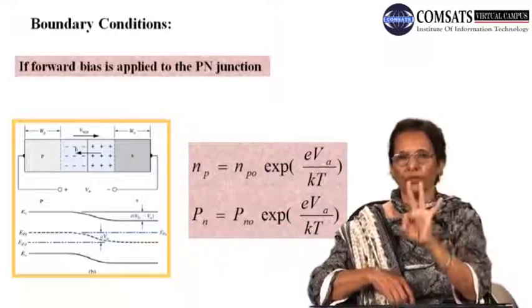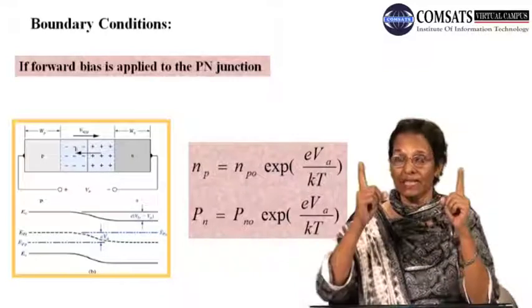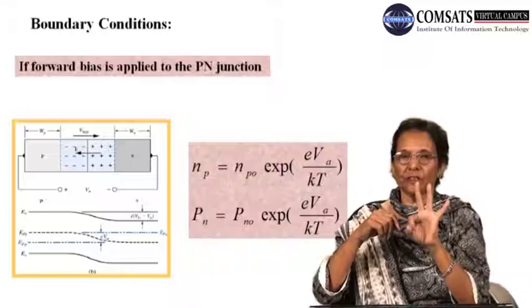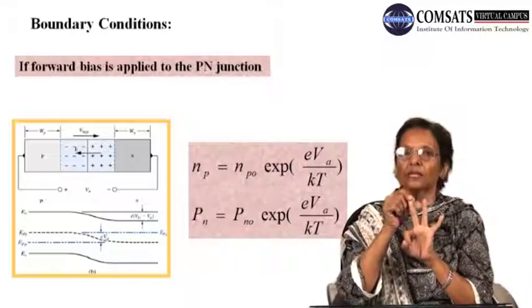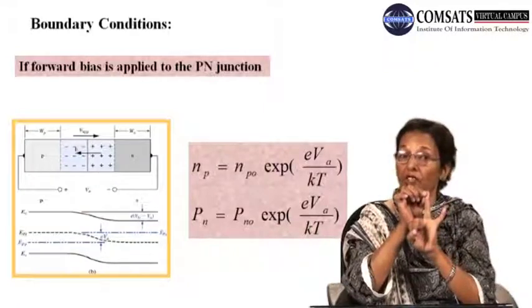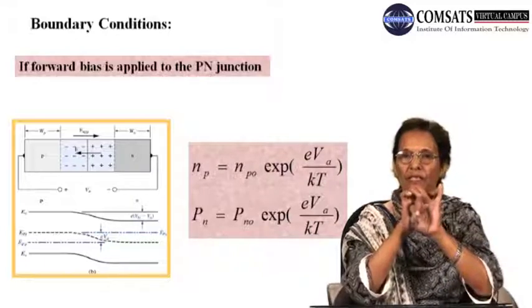Hence there are three parameters which control the carrier concentration at the edges of the depletion region: the equilibrium carrier concentration determined by the dopant impurity, the amount of bias applied across the junction, forward biased or reverse biased, and finally the temperature.